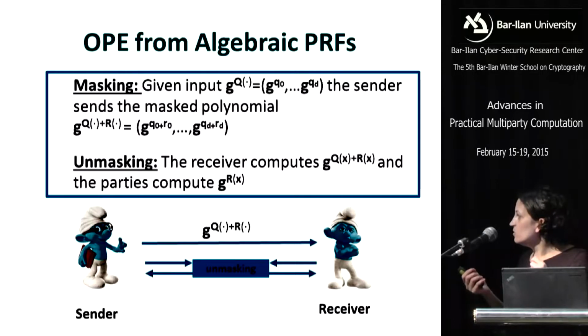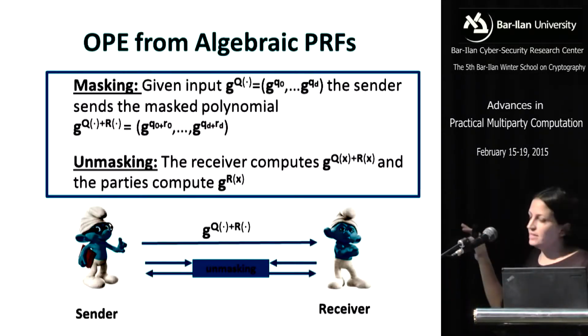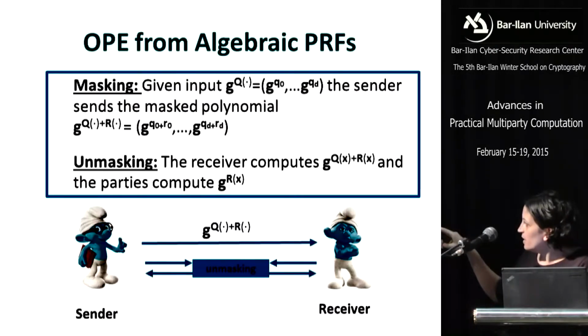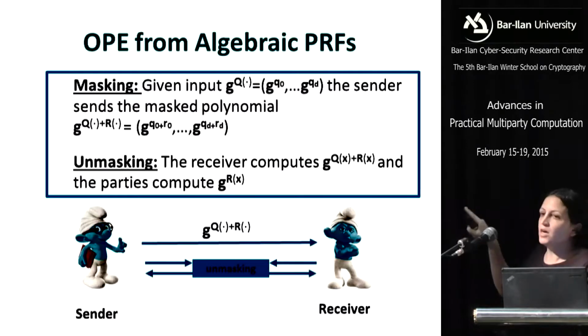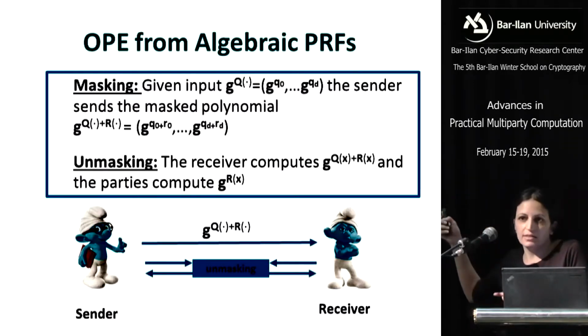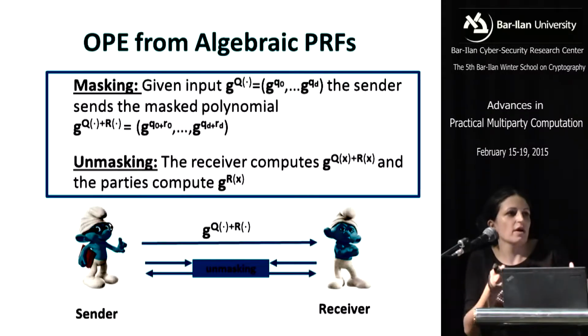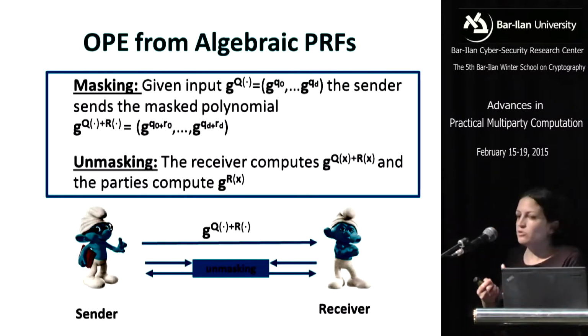Next, we will do unmasking. The receiver, given this masked polynomial, can evaluate it, can compute the evaluation of Q plus R on some element x that he wants to evaluate. But of course, he has a wrong answer. So we need to correct that. This correction is what I call unmasking.